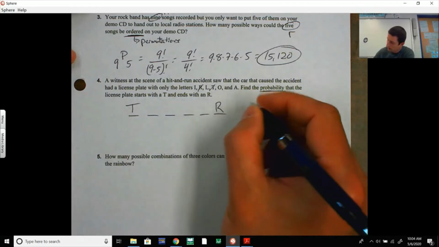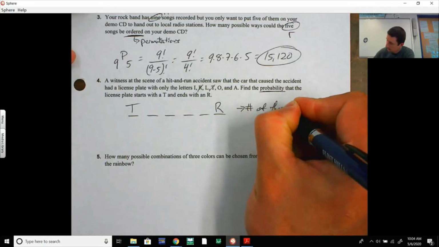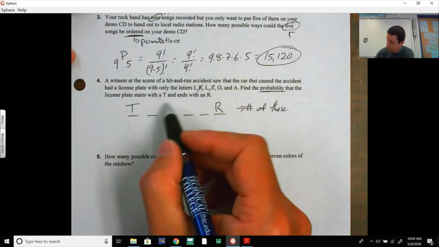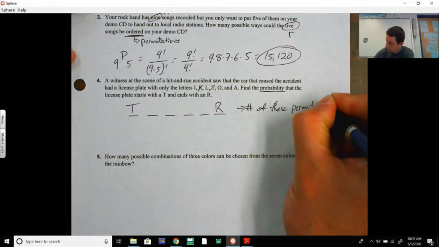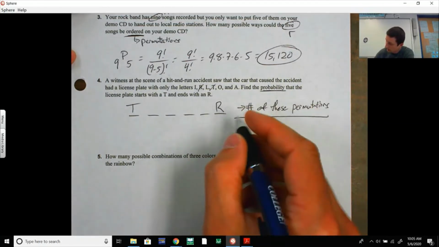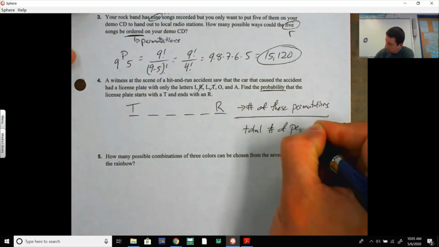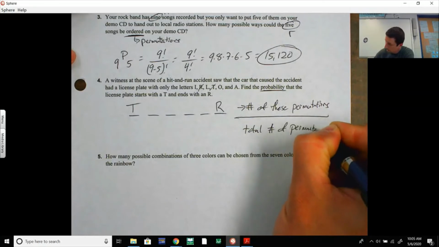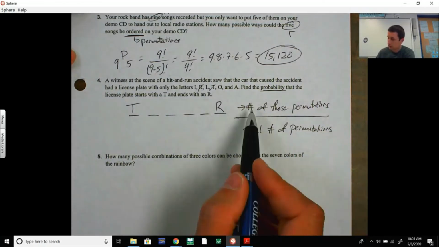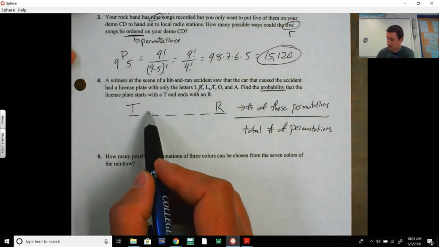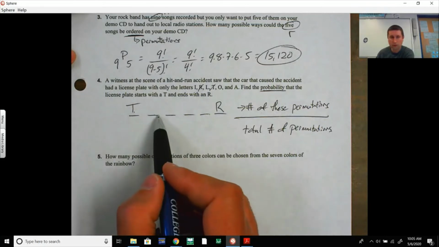So what we need is the number of these, and the order in which you put these would matter. So the number of these permutations divided by the total number of permutations. Notice we have 6 spots, but we only have to choose 4 of them.